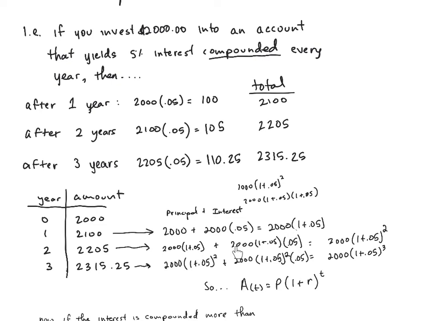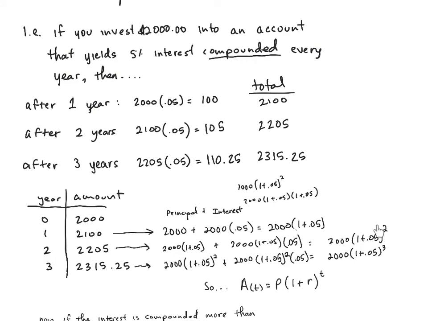So if we factor that out, we end up with 2,000 times 1 plus 0.05 squared. Now, I'm just showing this more to maybe help you understand. What I really want you to pay attention to is some kind of relationship between this formula and number of years. And you've probably already seen it. The exponent here is just the number of years that you've invested.